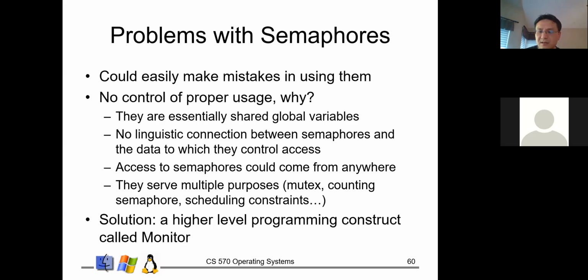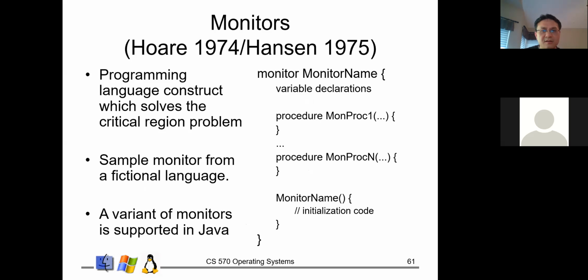So we need to introduce this programming construct named monitors. In 1974 and 75, two computer scientists, Tony Hoare and Brinch Hansen, independently proposed an abstraction called a monitor to make synchronization easier.